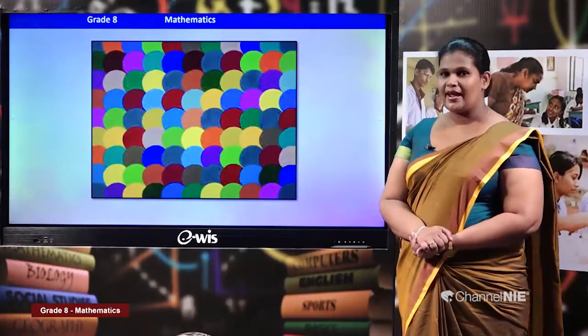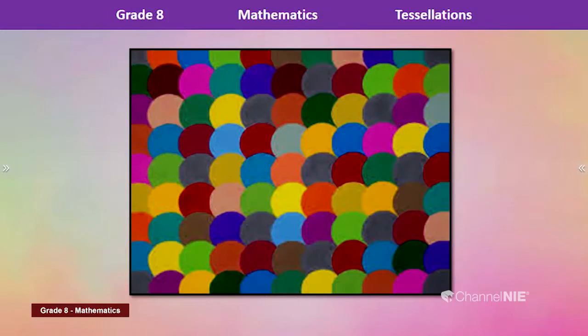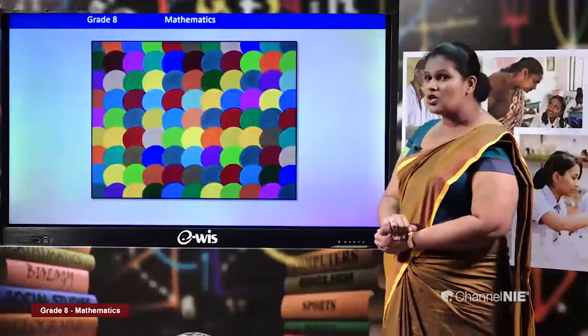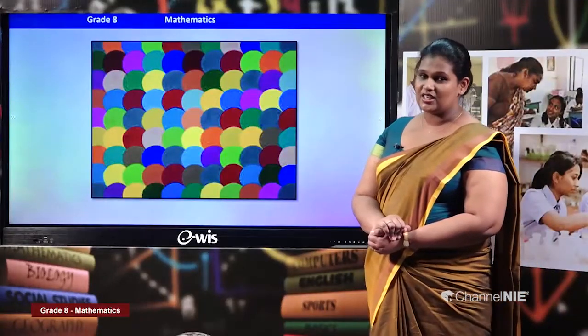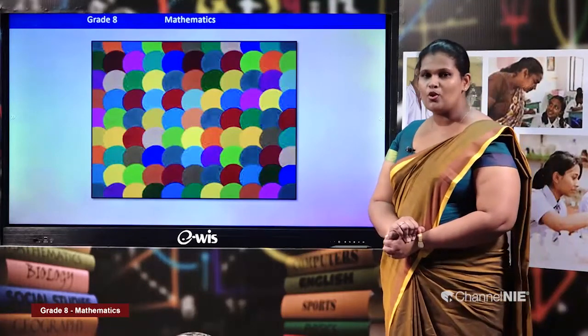Right. What can you say about this picture? Here you can't explain the shape of the figures they have used, because it's not a shape that you have learnt in mathematics at school. But they have used the same shape throughout the picture. Isn't that so? Therefore, we can consider this also as a tessellation. To make it more beautiful, they have used more colors.